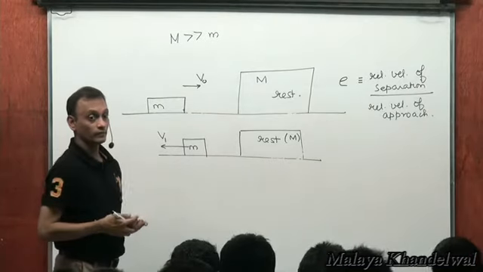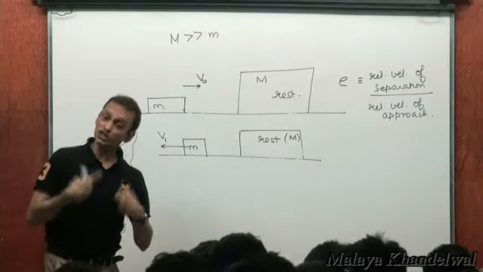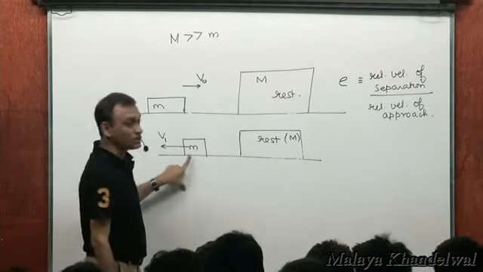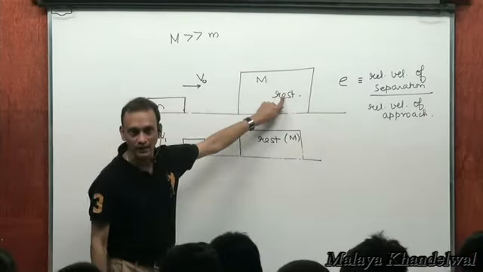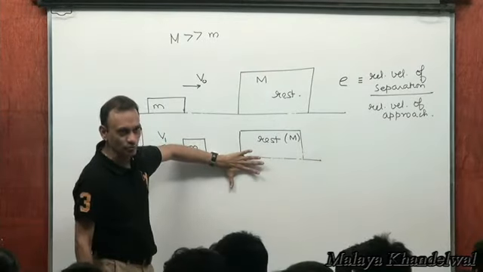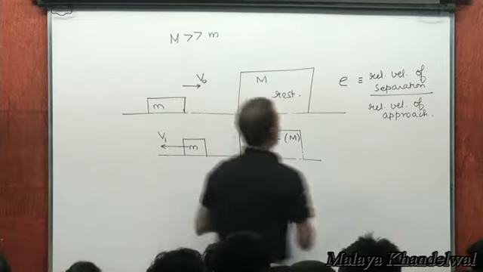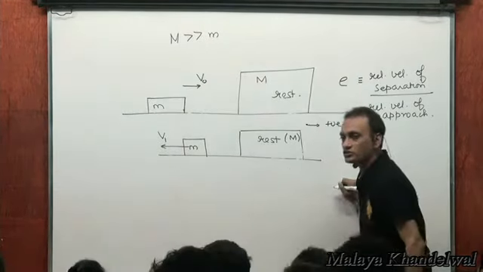So in the numerator, I'll take both the velocities after collision. In the denominator, just before collision. So if in the numerator I take capital M minus small m, then in the denominator I'll take small m minus capital M. This represents the states of the numerator, and this represents the states of the denominator. And let's say I take everything in this direction positive.